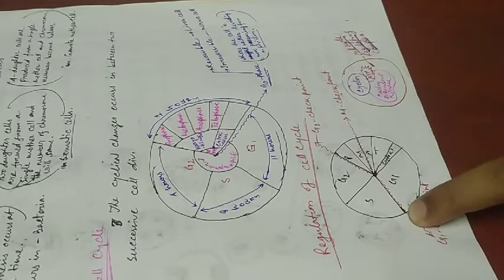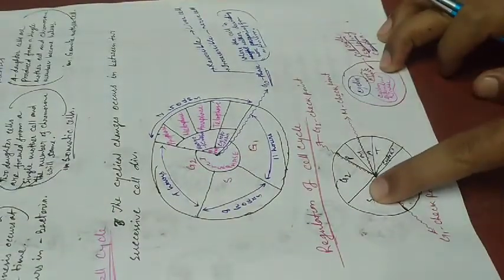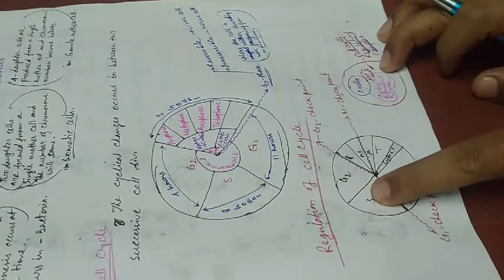When all the enzymes needed for DNA replication are prepared by the cell, then the ATP will break down into ADP and an inorganic phosphate, and then the G1 cyclin and CDK enzymes will separate, and the checkpoint is also removed, and the cell enters the next phase, the S phase.